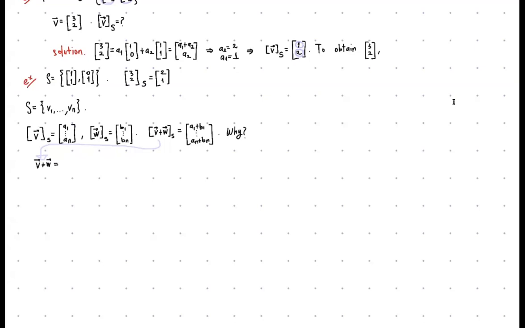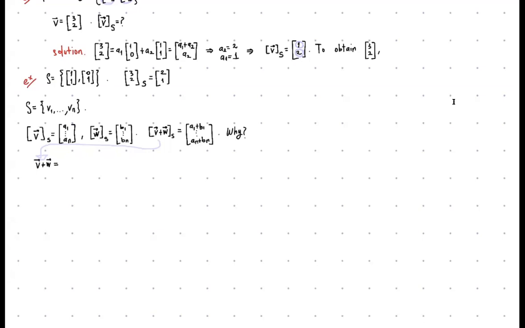So what is V plus W? I can add these vectors to obtain this. This is straightforward, right? But what we write at the end is really this.